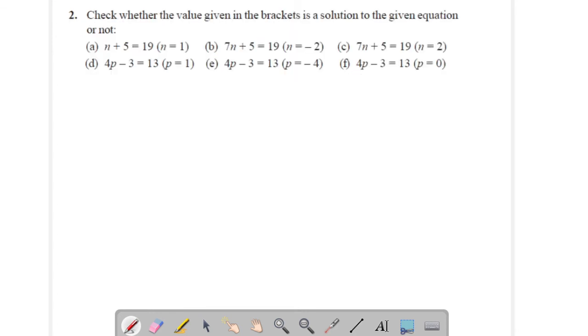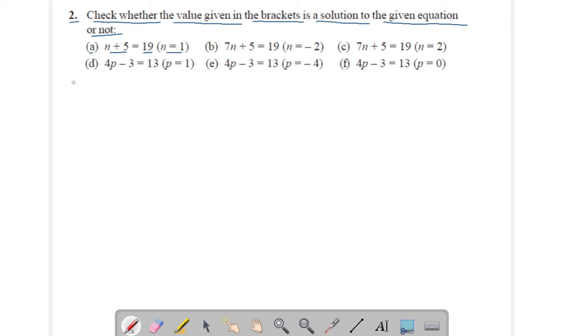Now come to question number 2. Check whether the value given in the brackets is a solution to the given equation or not. See A part. n plus 5 equal to 19, n equal to 1.